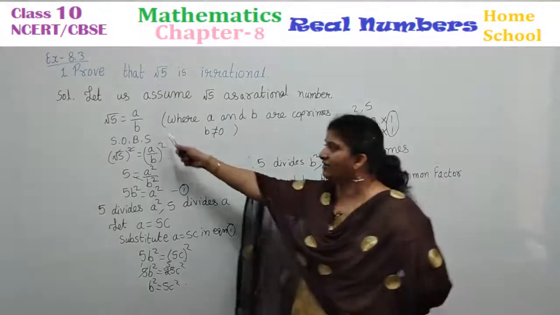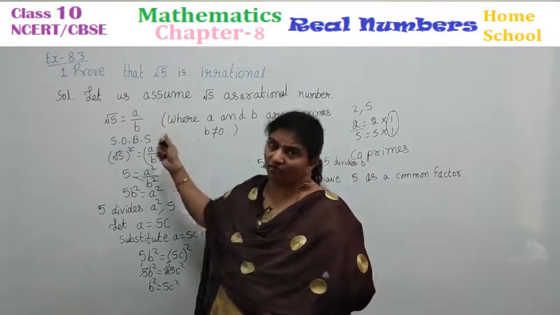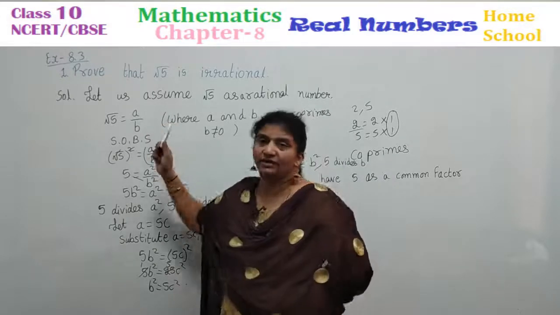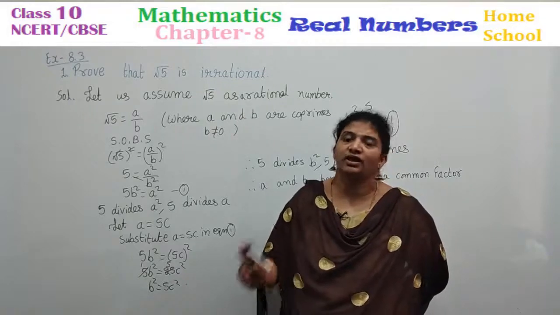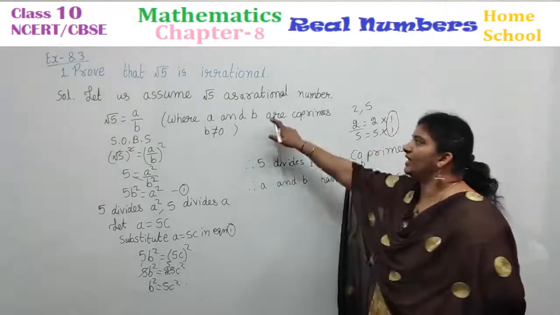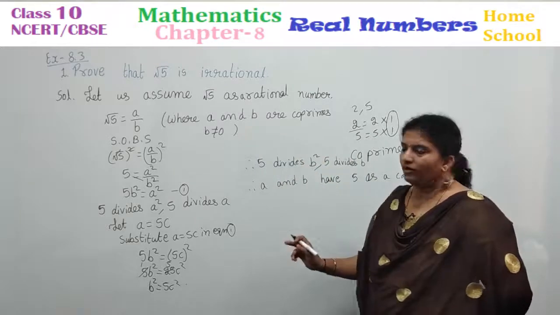If it is having a common factor 5 other than 1, then does it become a co-prime? No, it does not become a co-prime. So what we have assumed is wrong.